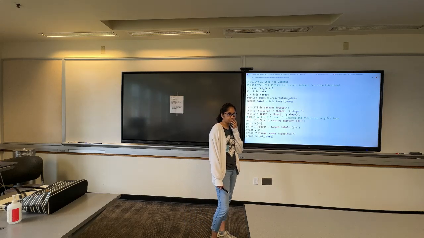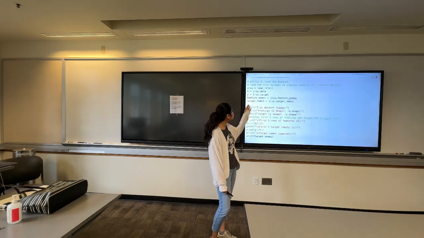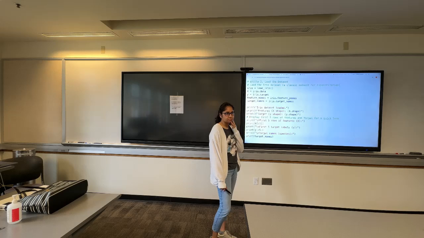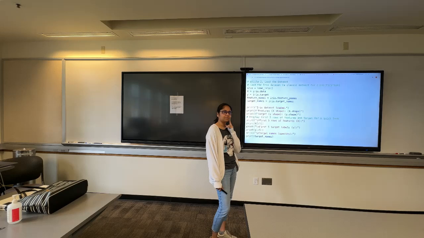Data set loaded and feature X shape is 150, 4, but then it doesn't show us why y is not defined. Did you do iris.target? Are you sure you did iris.target? Okay.